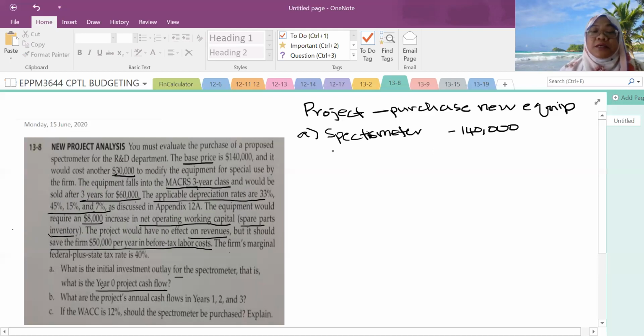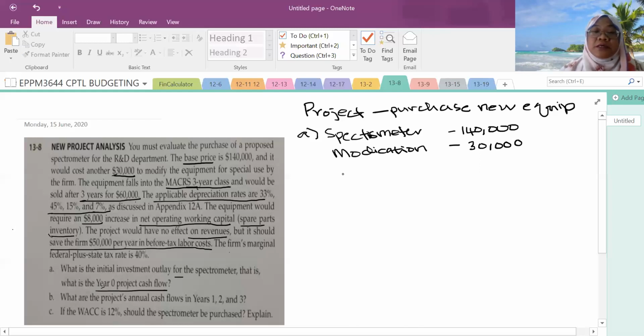Right? And then dia ada modification cost. Ya, modification, tak ada shipping dan installation, probably dah masuk sekali dengan harga yang lain tu kan. Harga base price tadi tu. Okay, so for modification, dia ada an additional cost of 30,000.